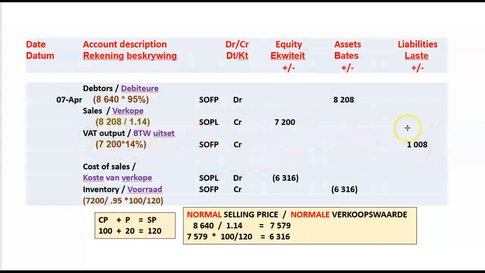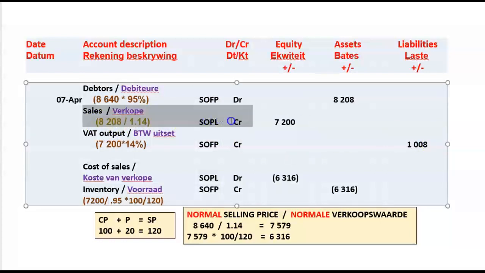Now we have to adjust our inventory. Whenever we adjust our inventory, we need a normal sales value. And this isn't a normal sales value. This is a special price sales value. So we first have to convert this to a normal sales value. They gave us the normal sales value. They say it's 8,640, but that will include VAT. So we have to take out the VAT to get to the sales figure.